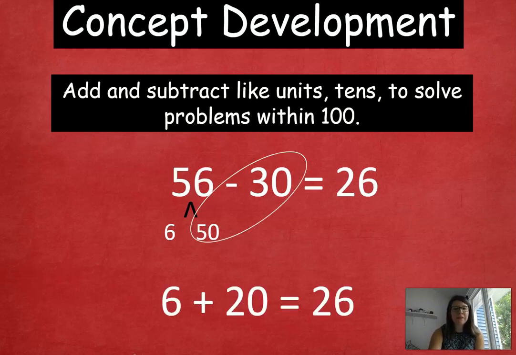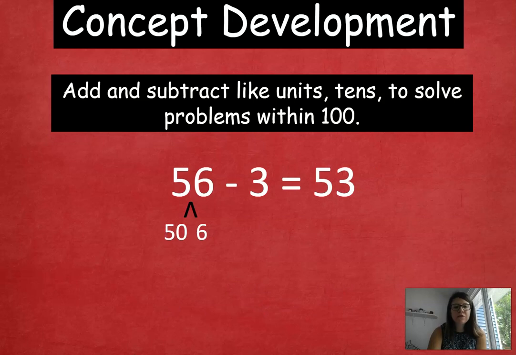Alright, I'm going to skip this one. Let's try this one. So go ahead and draw it or do it as number bonds. I'm going to draw this one. 3, 4, 5 tens. 1, 2, 3, 4, 5, 6. 56 minus 3.